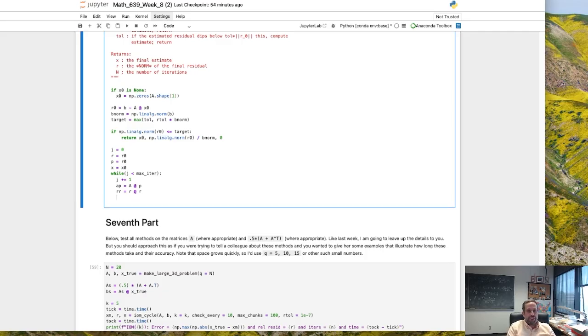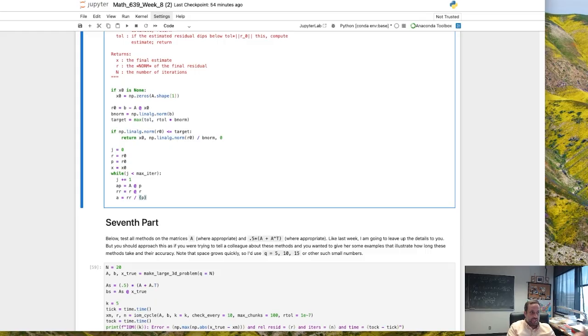Okay, and then AJ, alpha J in the algorithm, I'm going to call A here. Remember, AJ is the inner product of RJ with itself divided by the inner product of APJ with PJ. So RR is the inner product of R with itself, and we're going to divide by the inner product of PJ with APJ.